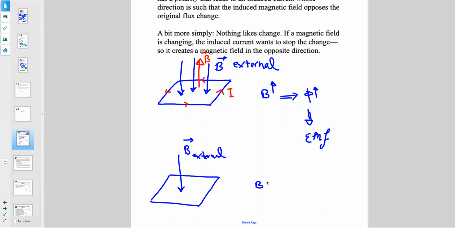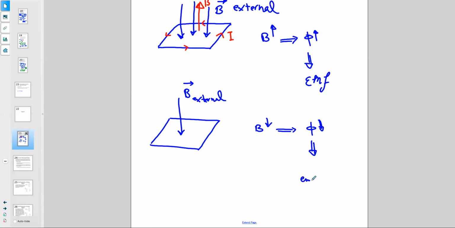So this B is decreasing, and thus the flux, phi, is decreasing, and this will cause an EMF, or a source of power, in this loop. But what is the direction of the current? The direction of the current is the direction to oppose the change, to create a magnetic field that is the opposite of the change in the external field.